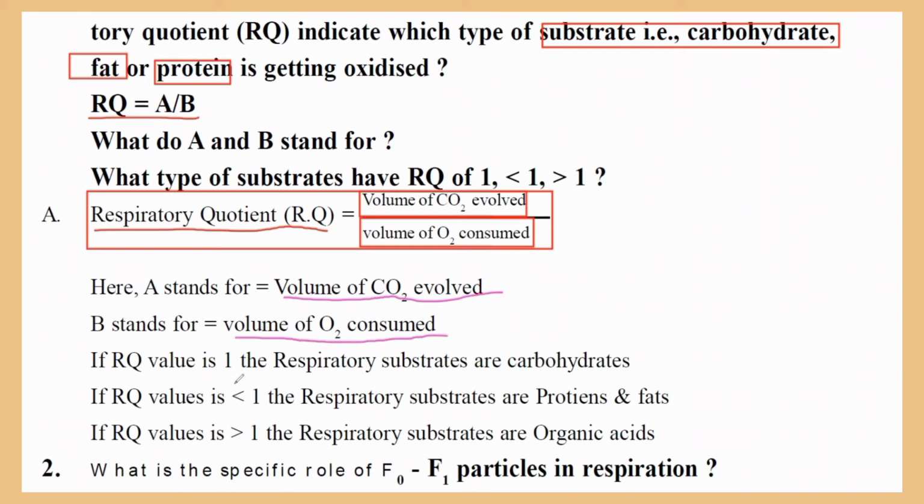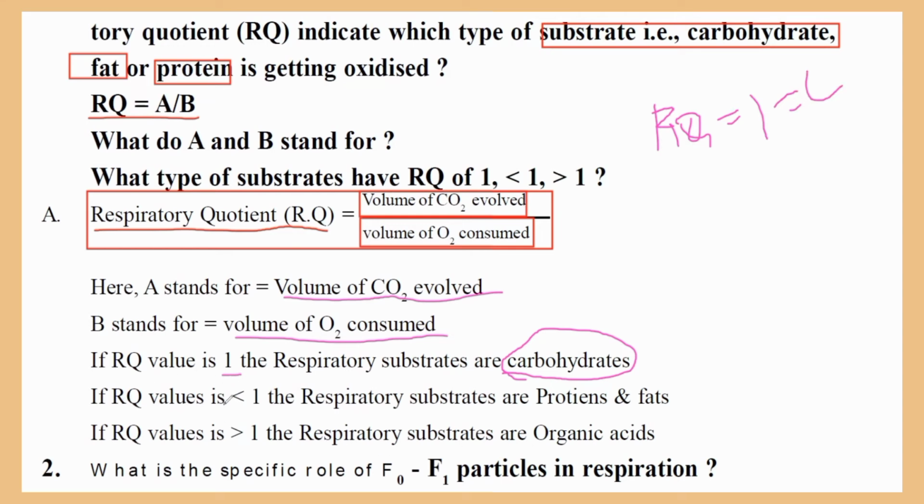If the RQ value is 1, the respiratory substrates are carbohydrates.